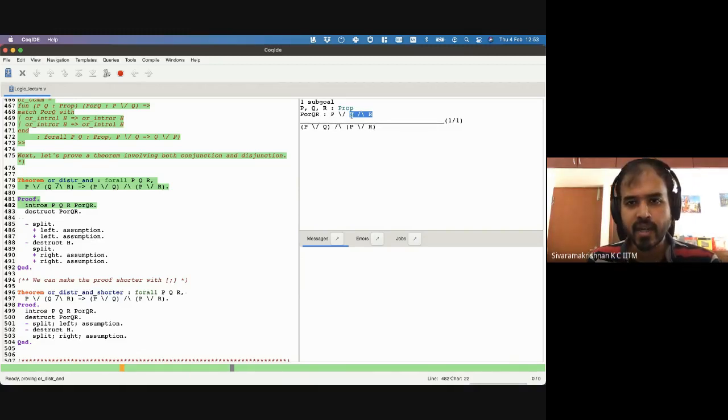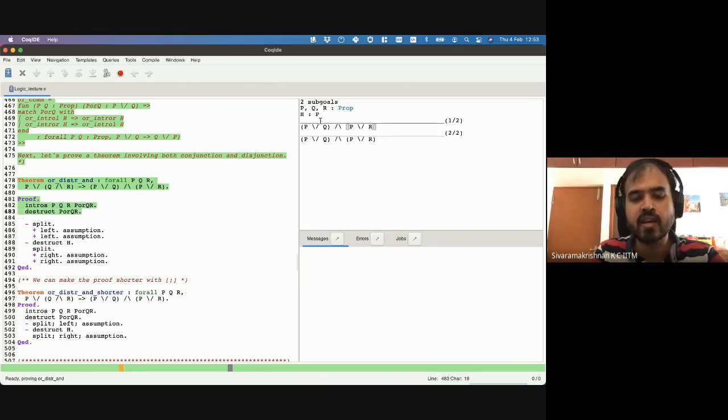So there are two subcases here, right? Essentially, you could choose to split this here or destruct it here. That order doesn't matter, but I choose to destruct this one first. If you destruct this, you get two subgoals, one where P holds, another where Q and R holds. If P holds, what do you do?